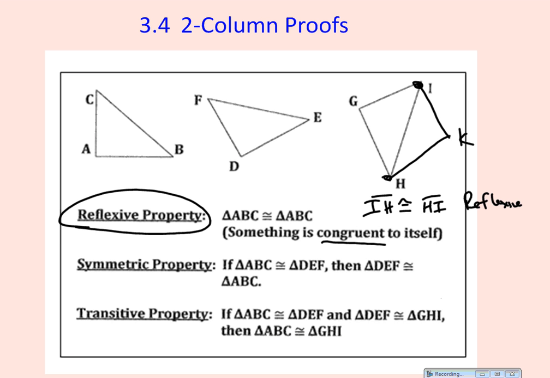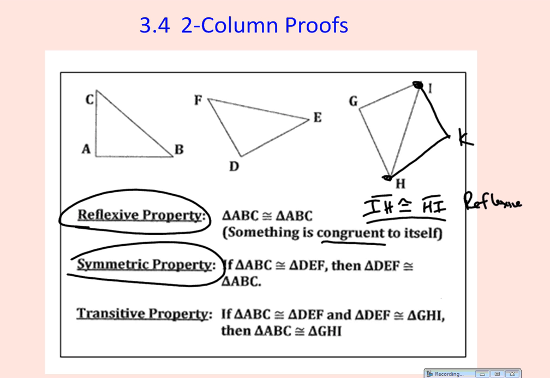All it says is that you're equal to yourself. The reason that we use that is because we're realizing that this side or some other side is part of both triangles. That's how we say it's part of both triangles.